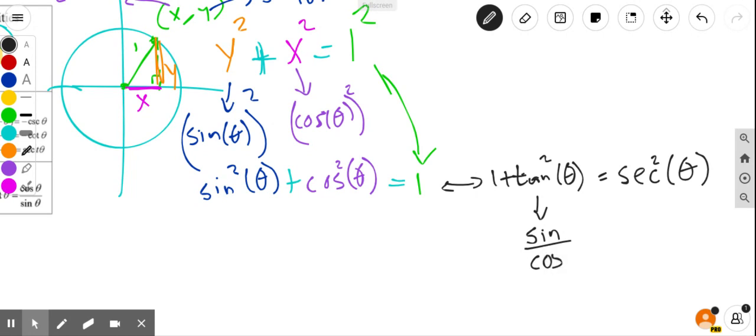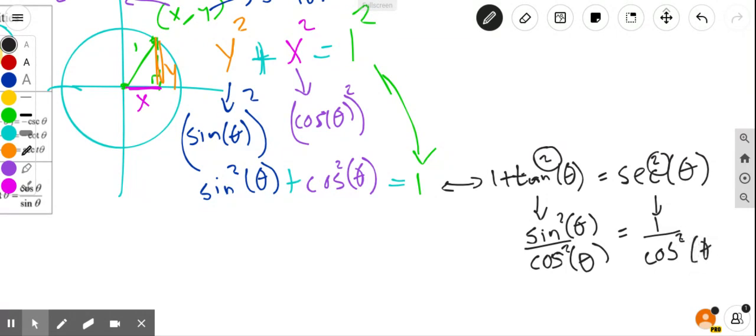And if it's a tangent squared, that means it's a sine squared and a cosine squared. All right, if I see secant, I know that's 1 over cosine, right? But because it's squared, that means it's 1 over cosine squared. Technically, the 1 is being squared as well, but 1 squared is just 1.